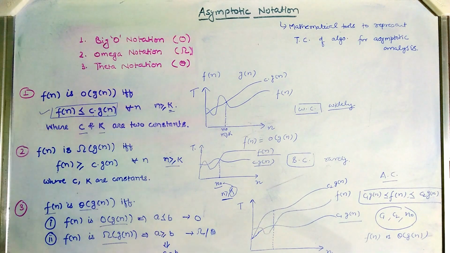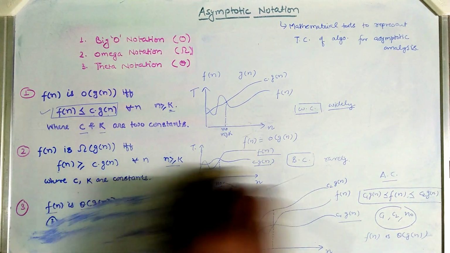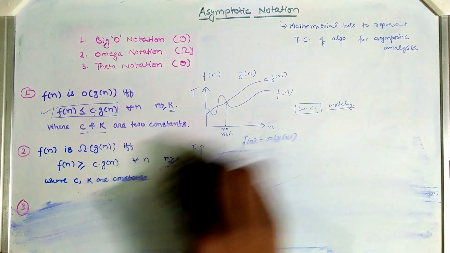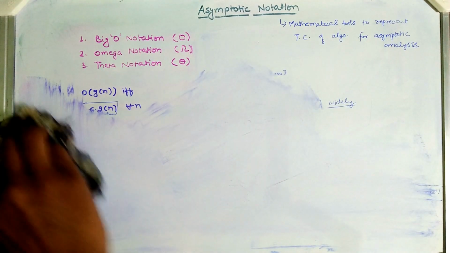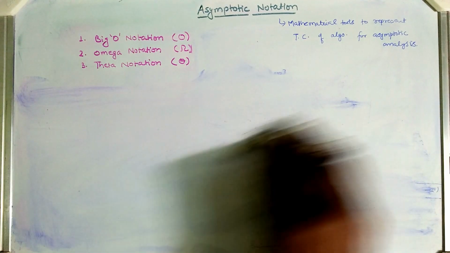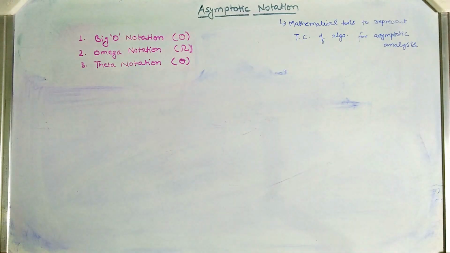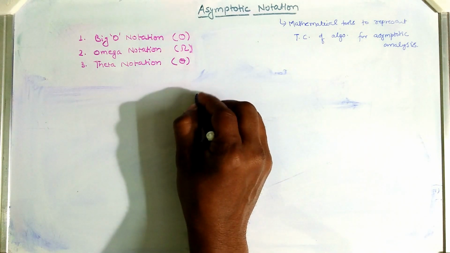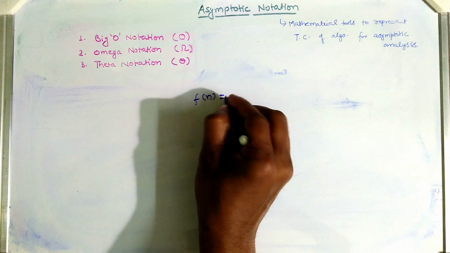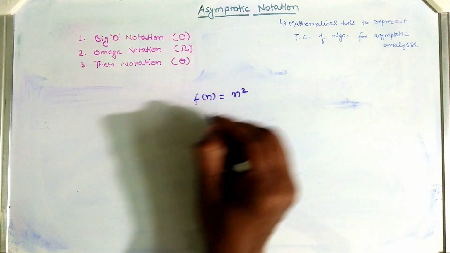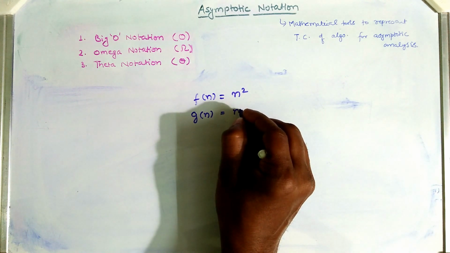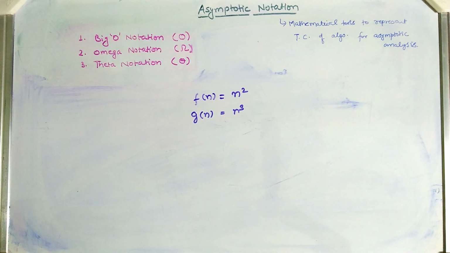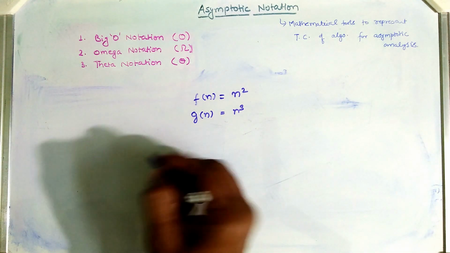Suppose the function is given as f(n) equal to n square and g(n) equal to n cube. Which one is true?